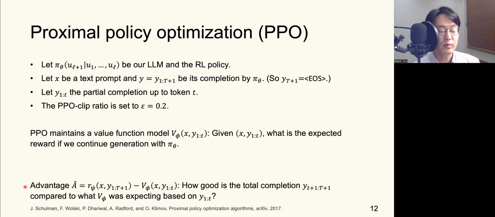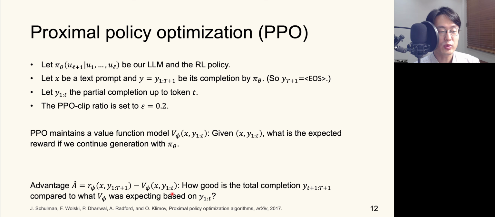For the PPO algorithm, the advantage estimate A hat is used in this way: A hat is equal to R minus V. That's what the InstructGPT paper used. And here's the interpretation. This reward is the terminal reward of the episode, and it is evaluating the quality of the full completion. The baseline is subtracting out the expected quality of the partial completion.